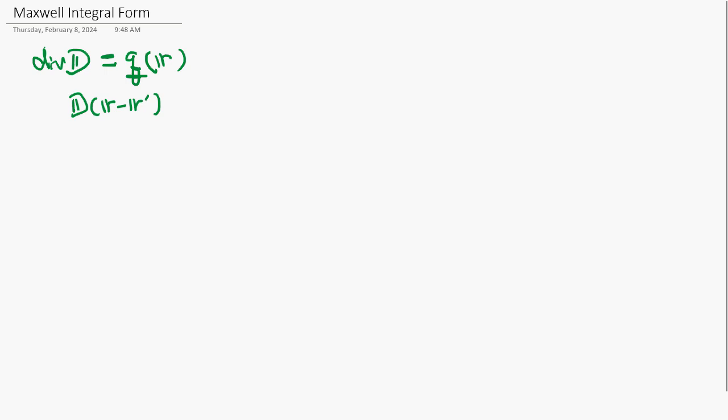Suppose you are looking at a charge. There's some charge at location R, and you look at this location. How much D exists here?